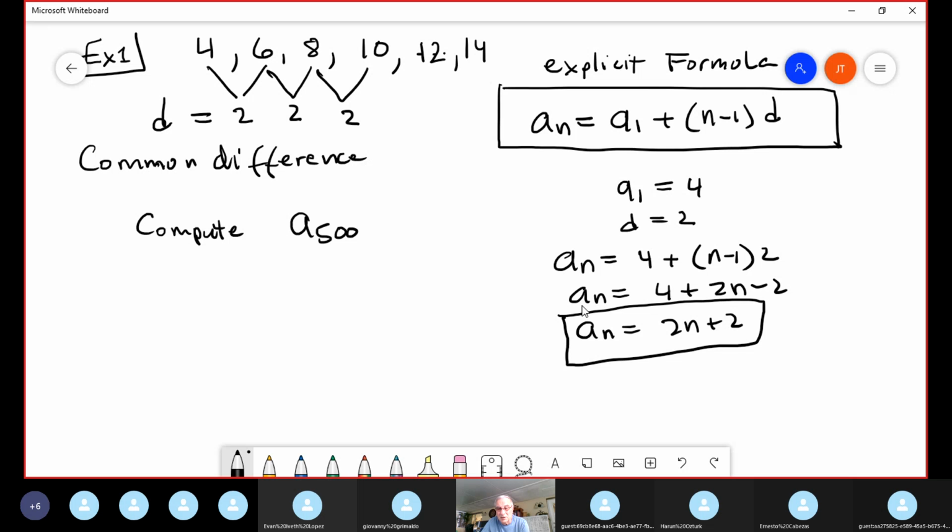You plug it in here. 500 multiplied by 2 is 1,000. 1,000 plus 2, 1,002, is the element 500. Okay? 2 times 500 plus 2 is 1,002. This is the arithmetic sequence.